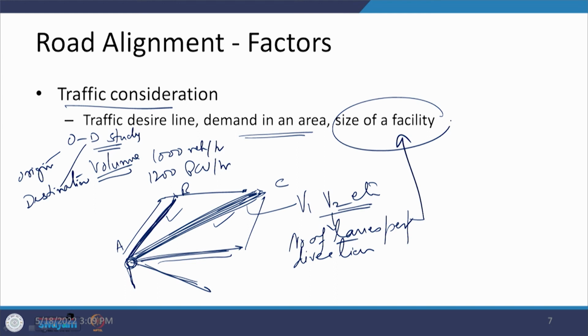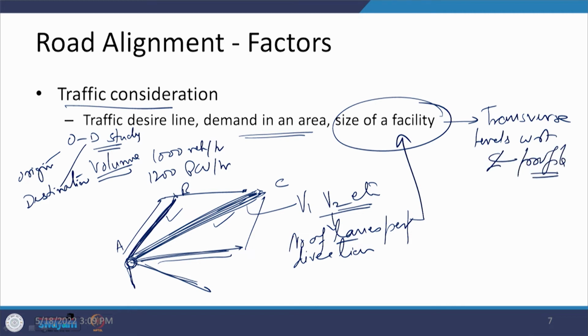Now, when we are looking at this size of a facility, this is being taken care of by the transverse levels which are being taken with respect to the center line profile as we discussed previously. So, this is the location where we are saying that if this is the center line, we have to go in this direction by a distance d.